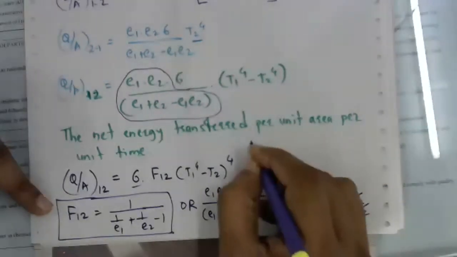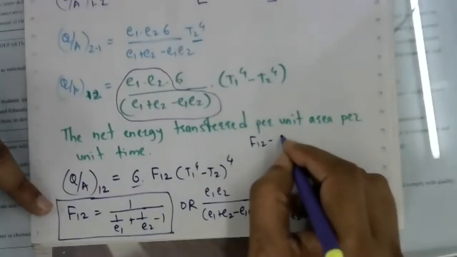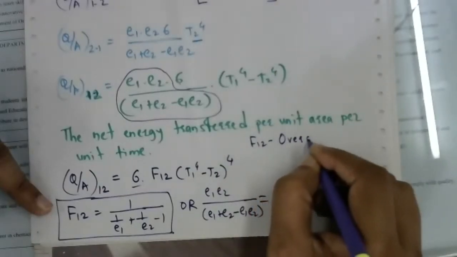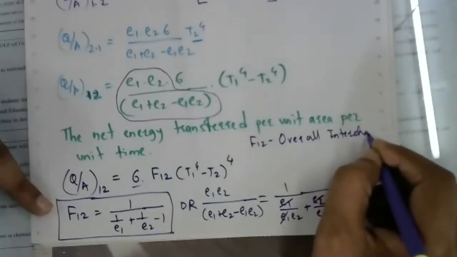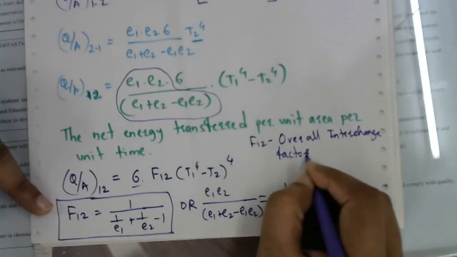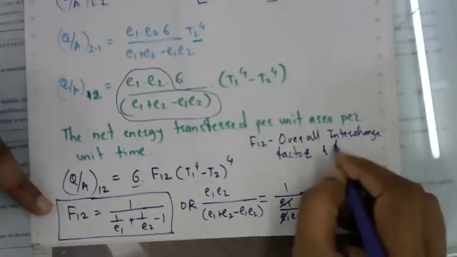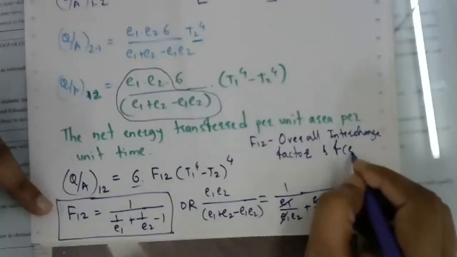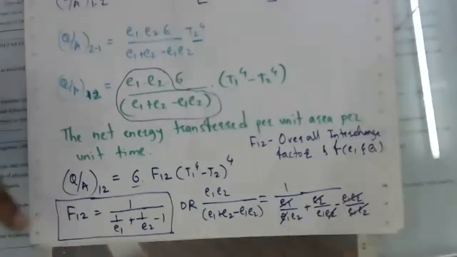So this F12 is called as overall interchange factor. And it is a function of E1 and E2, that is emissivities of surface 1 and surface 2.